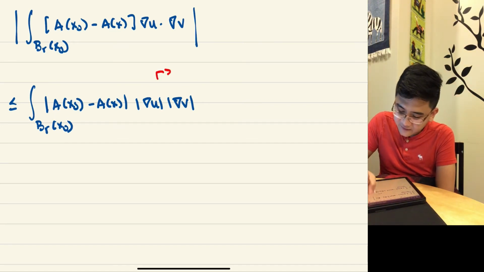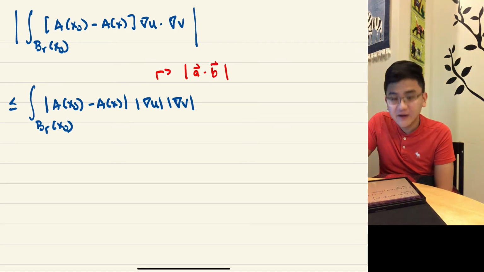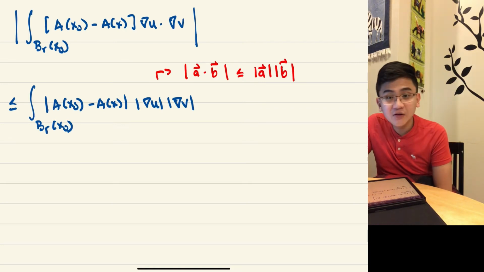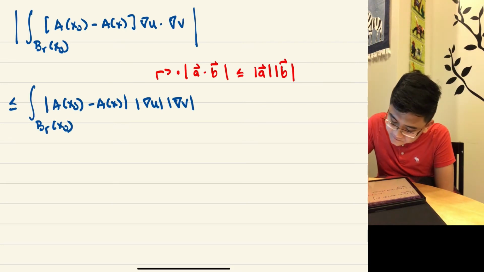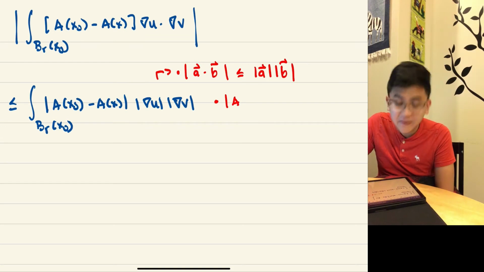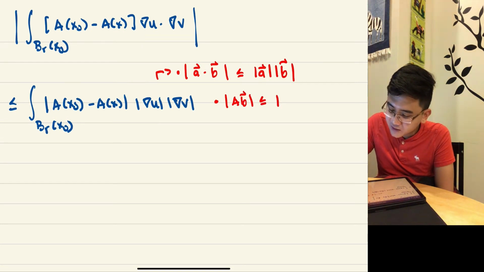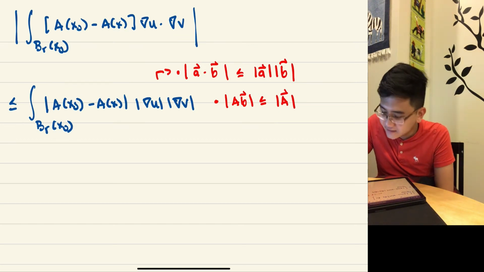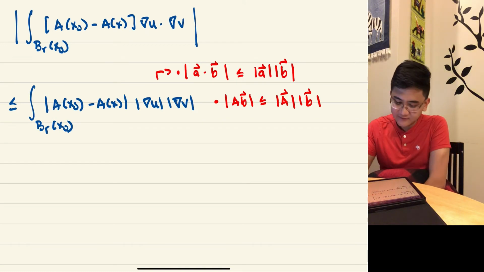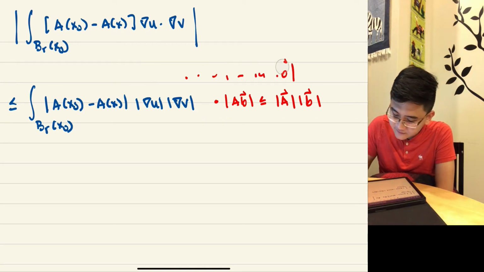I used the fact that the absolute value of the dot product of two vectors is less than or equal to the product of their magnitudes, and the magnitude of a matrix A times a vector B is less than or equal to some matrix norm of A times the norm of B. Fairly standard linear algebra stuff.